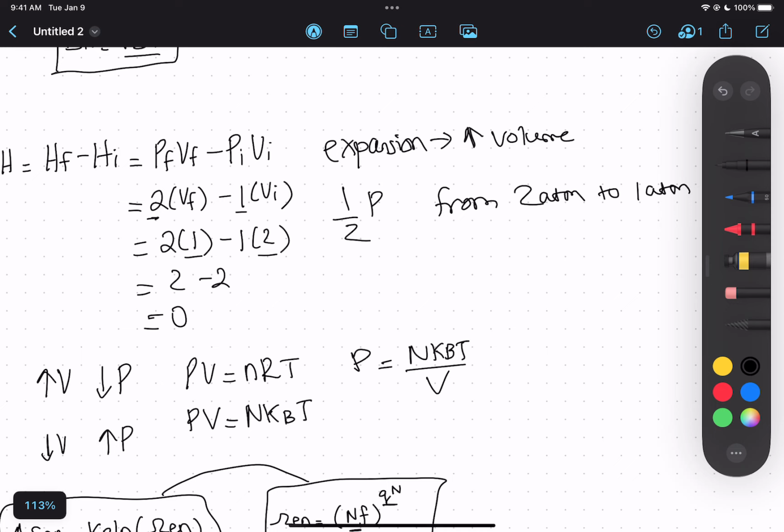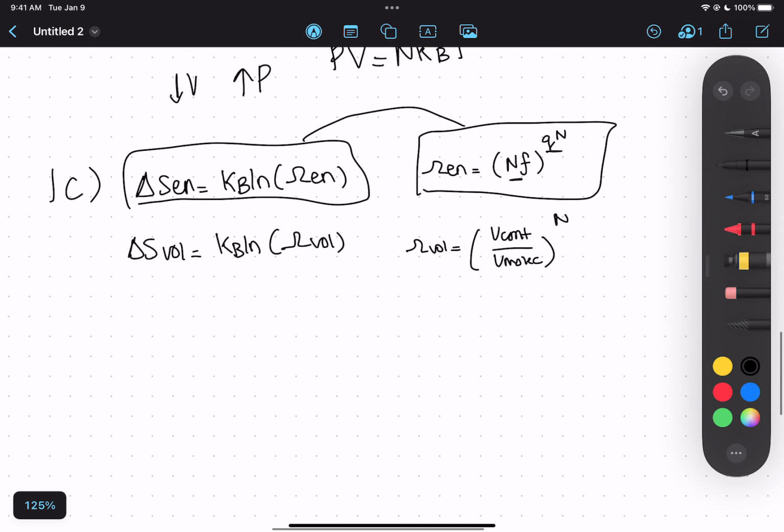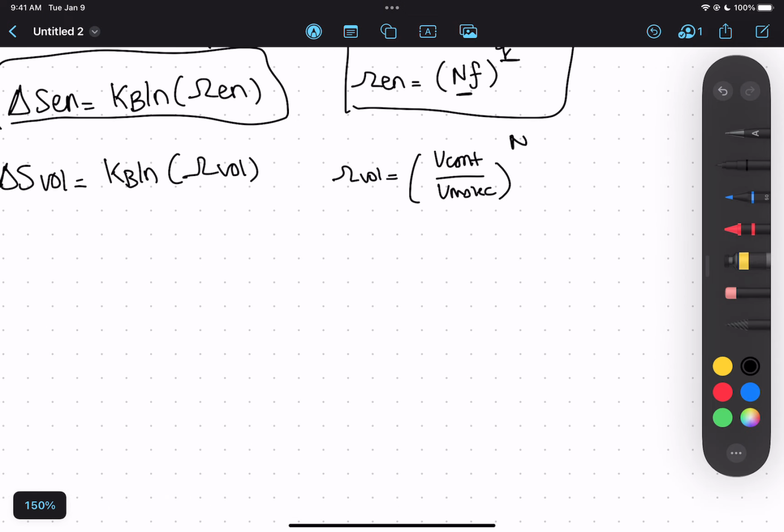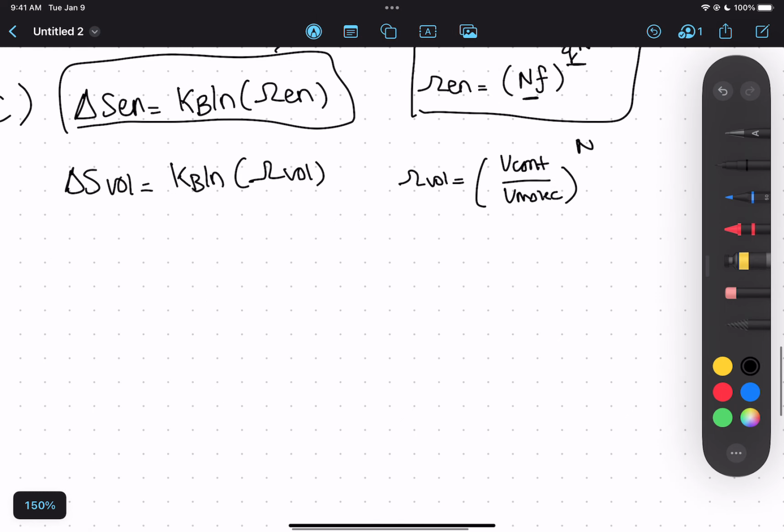And so if you're basing things on this second equation here for the volumetric entropy, then effectively your V container F would be 2 liters, V container I would be 1 liter. And I'm guessing you guys probably know how to manipulate that for a change in the volumetric entropy. You'd have delta S is SF minus SI, and then you just plug in your volumetric multiplicities.